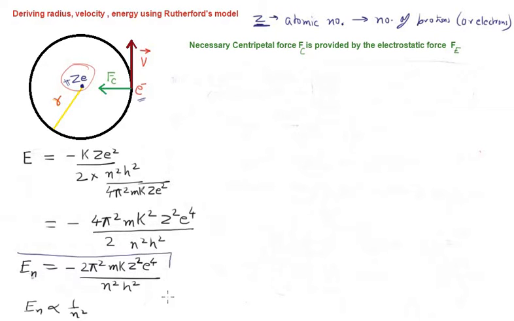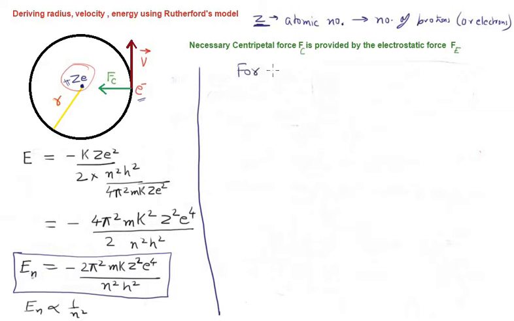This value right here will decide the value of energy in different orbits of an electron. So let us consider hydrogen atoms. So for hydrogen, we know that the value of Z, or atomic number, is equal to how much? 1. So Z is equal to 1.